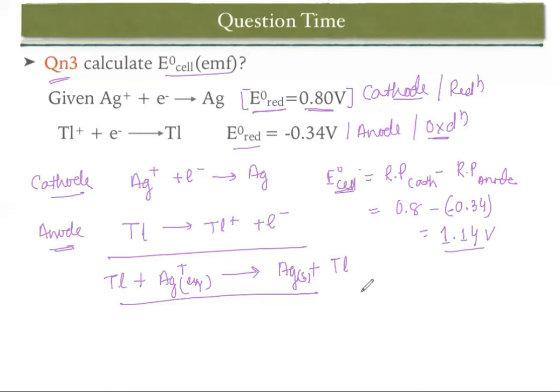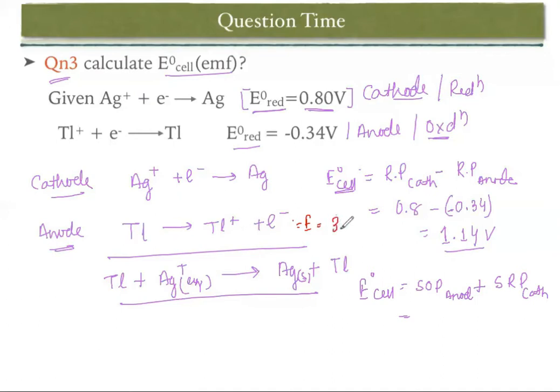Second type of approach that we have already discussed: E naught of cell is equal to standard oxidation potential of anode plus standard reduction potential of cathode, right? So what is the standard oxidation potential of anode? See, the reduction potential is given. So we can also write here E is equal to how much? This negative will become positive because we have reversed the chemical reaction.